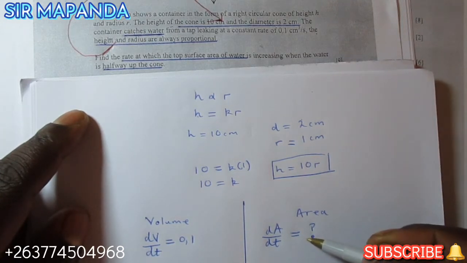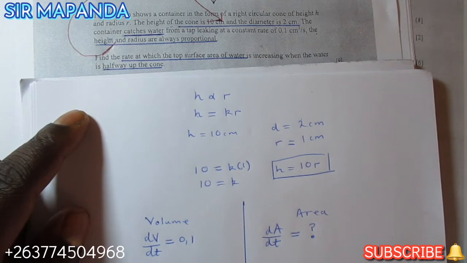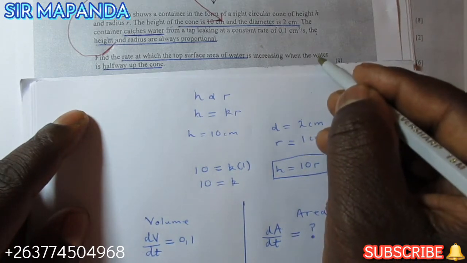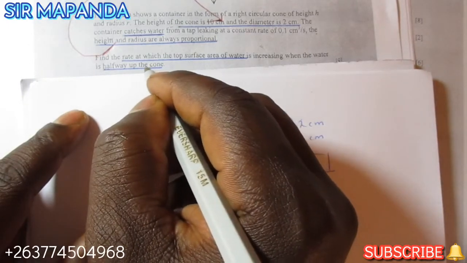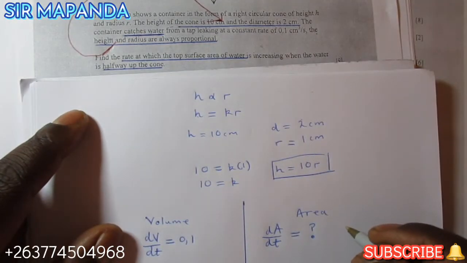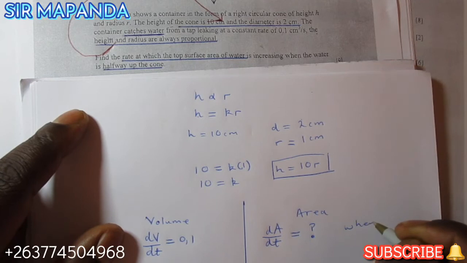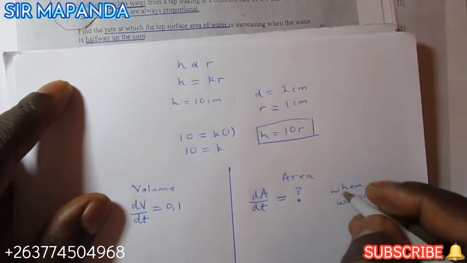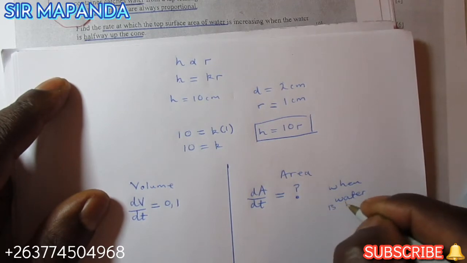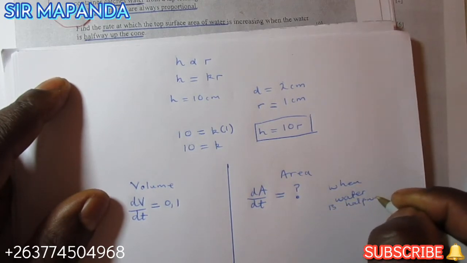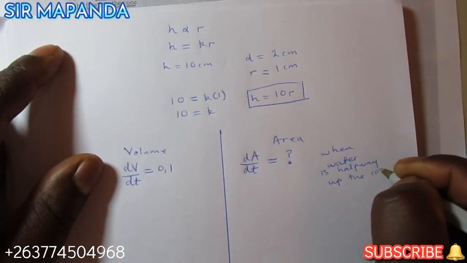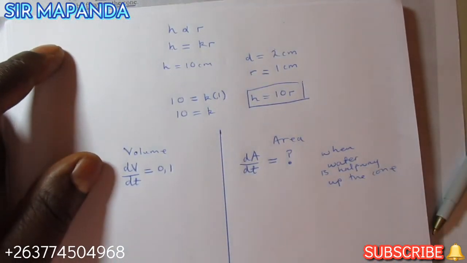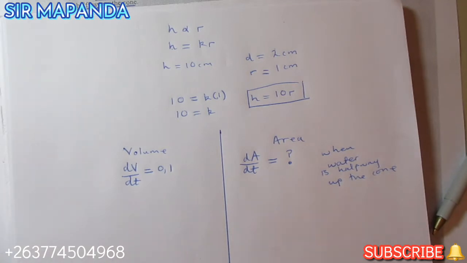If we are to find this, you get yourself 9 marks. When the water is halfway up the cone. It is very important when water is halfway up the cone. Take note of this crucial statement.